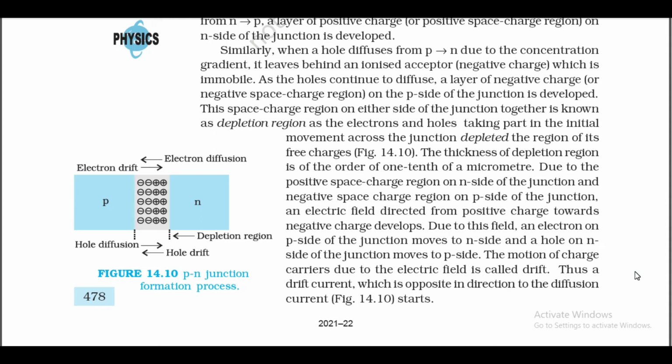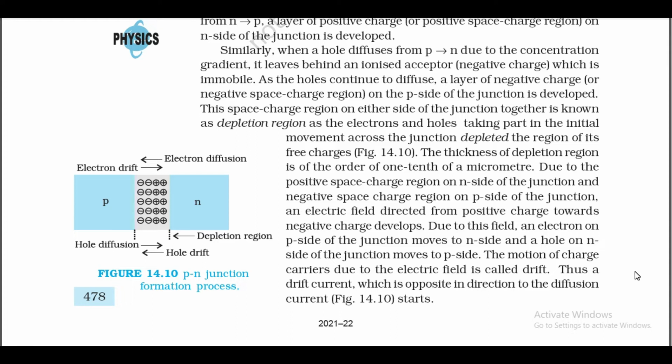Similarly, when a hole diffuses from P to N due to the concentration gradient, it leaves behind an ionized acceptor with negative charge which is immobile. As the holes continue to diffuse, a layer of negative charge, or negative space charge region, on the P side of the junction is developed.